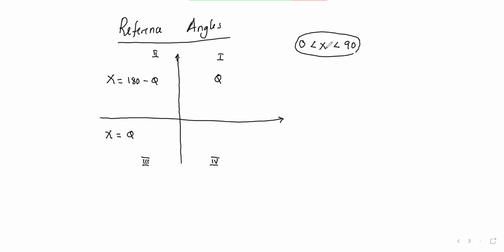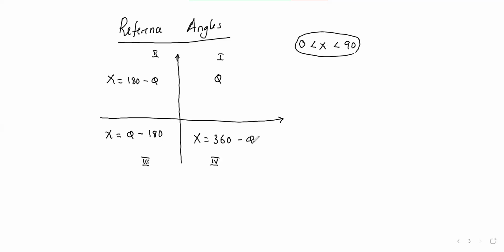So how will that happen? Whatever angle I'm given as theta, for me to find its reference angle, I subtract. In the second quadrant, we do 180 minus that theta given. In the first quadrant, we just take theta. In here, we are doing 360 minus theta.